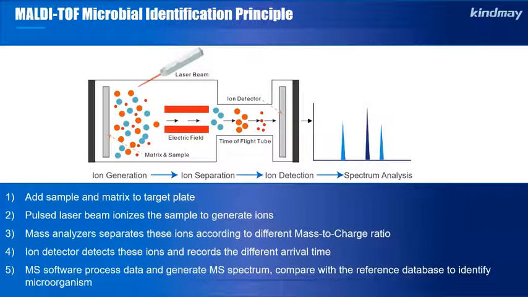Just now, it showed us the MALDI-TOF identification workflow. And this page is the working principle. Actually, the working principle of MALDI-TOF is a little complex, and for the details, you can Google it on the internet. Here, I will only simply explain it. As we know, different microorganisms have different ribosomal proteins.